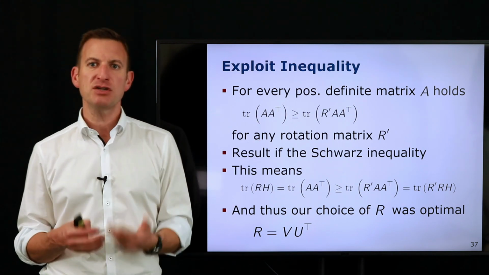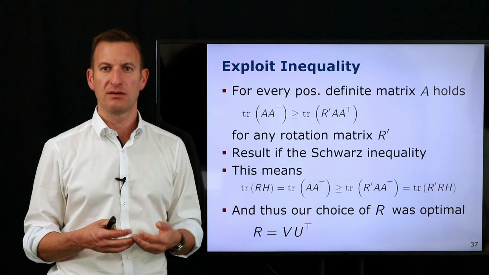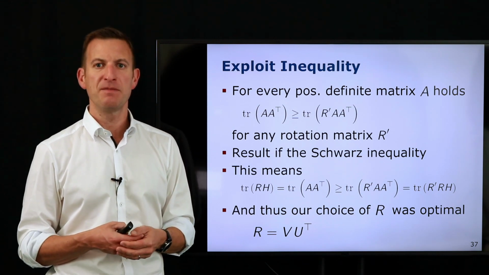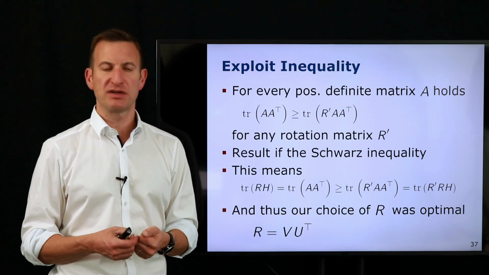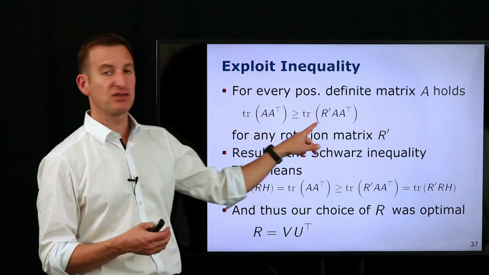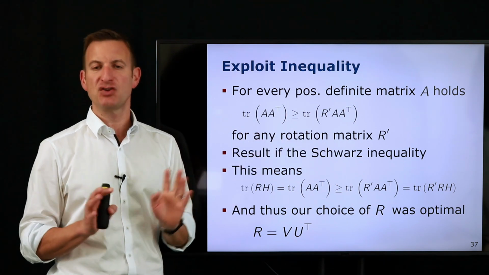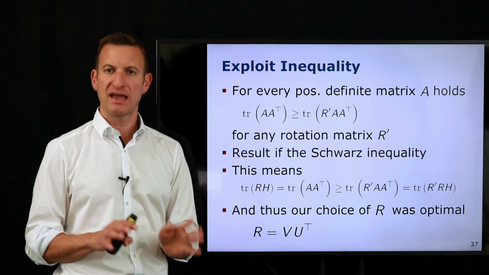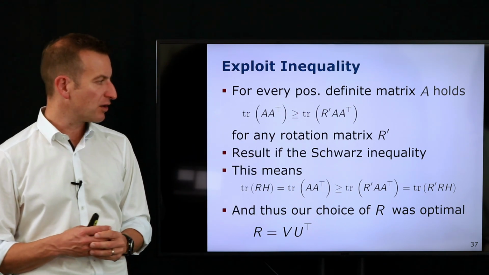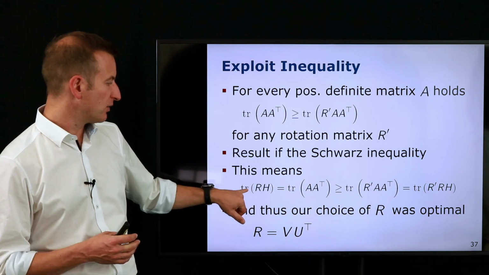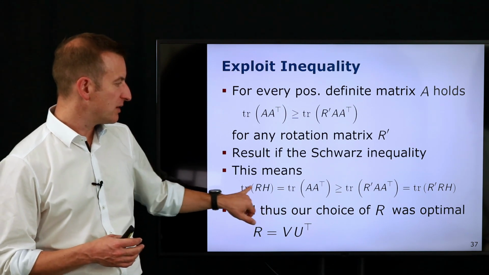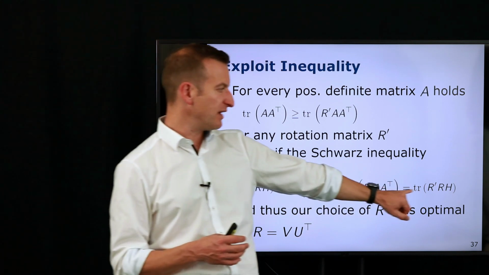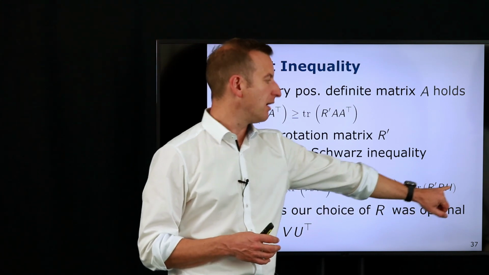That means the rotation matrix that I have defined using the elements of the SVD was the best possible rotation matrix because it maximizes this expression. Any other rotation matrix I would multiply to that would be smaller or equal. So I can't do better than choosing R in the way that I have chosen, because the trace of R H is always larger or equal than the trace of any other matrix R prime R H.